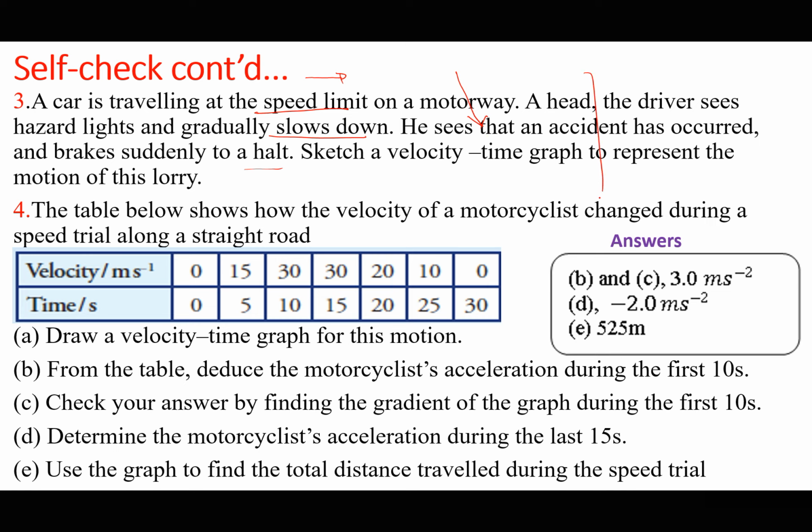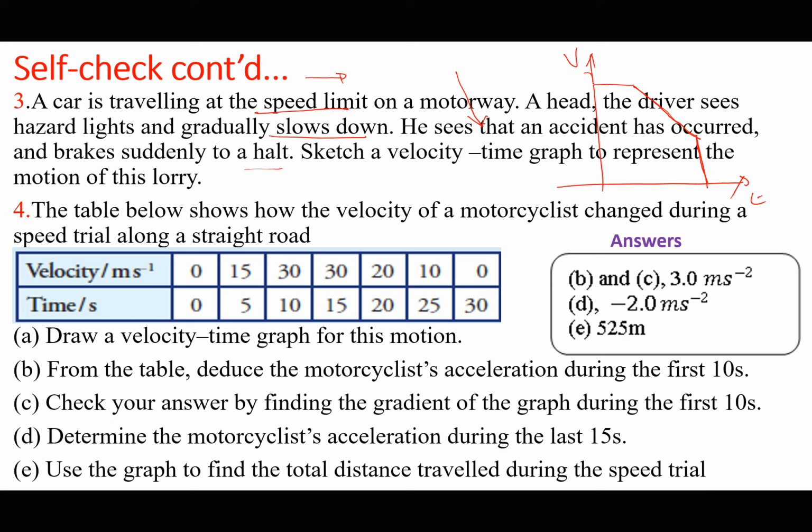So if I was to sketch this velocity time graph, initially the speed is constant, then it slows down, then it rapidly stops. So this is going to be very sharp. It is something like this.